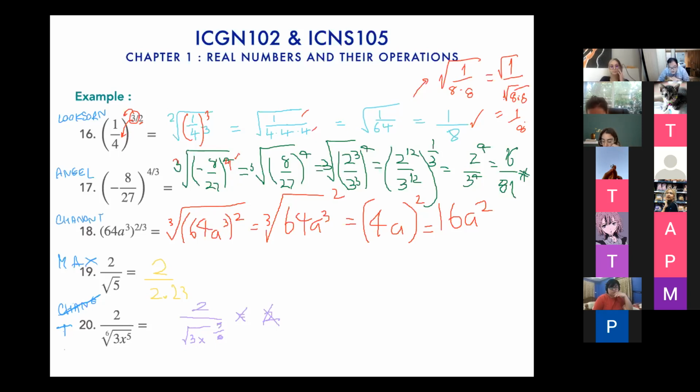Hang on, let me see this one. Angel, you have to be careful a bit. It seems like when you simplify it the second time, the negative symbol is missing. You have to write it down somewhere. When you have the negative symbol like this, it must appear on the numerator or denominator, for example I put it here. Because it is to the power of 4, it is an even exponent.